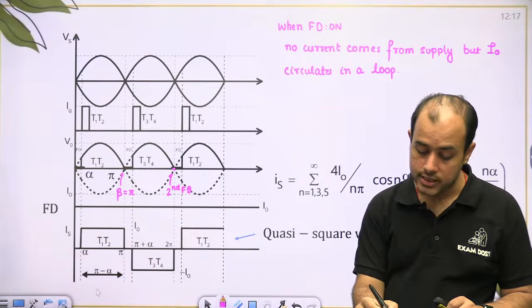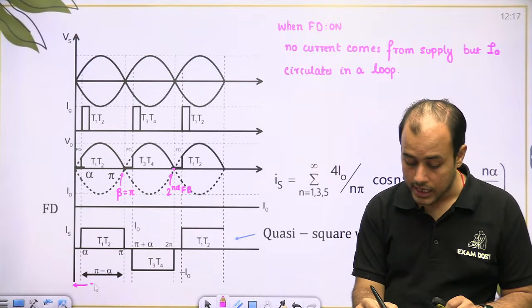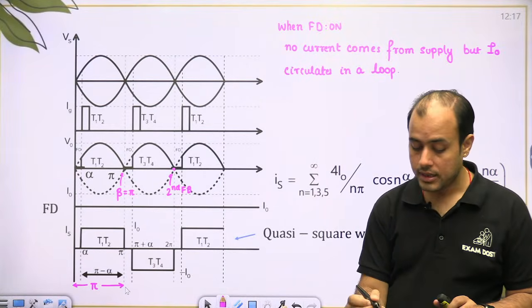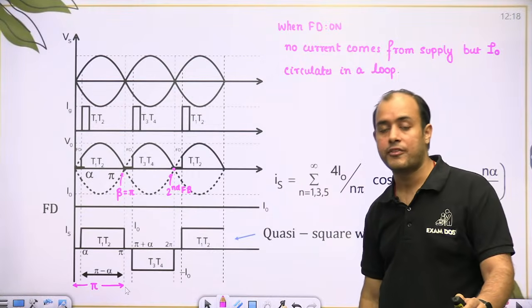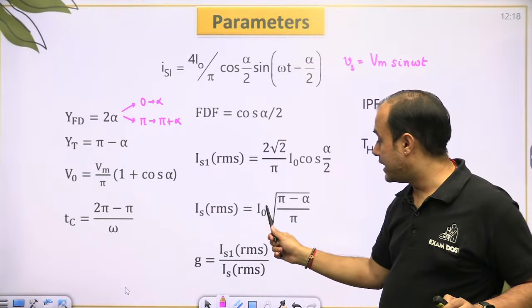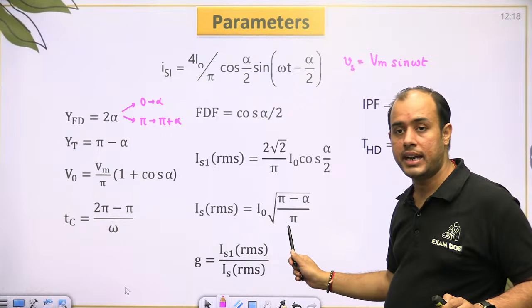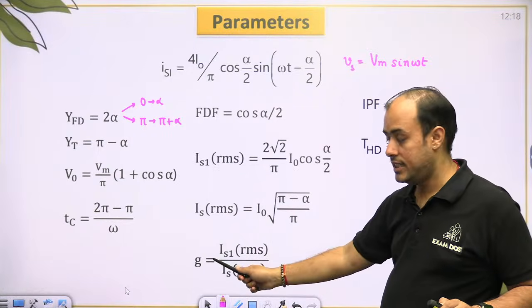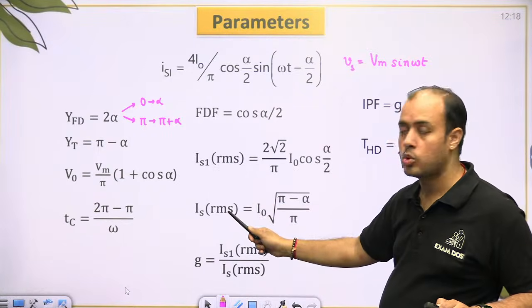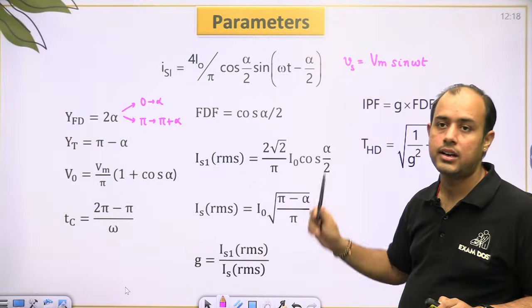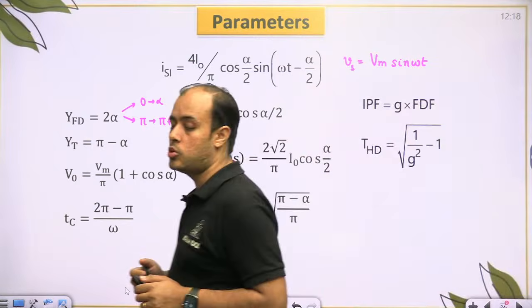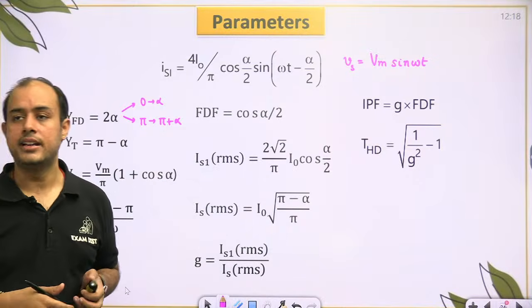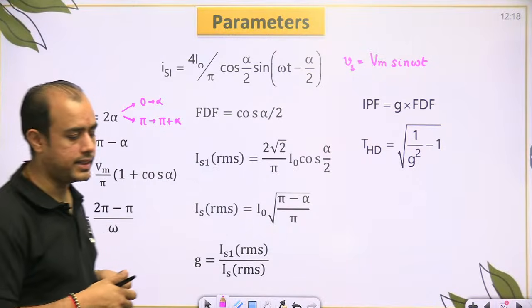So the duration is pi minus alpha in a half cycle of pi. So how to scale the RMS of a flat graph? I naught under root duration by period. Now G, fundamental RMS by total RMS, it will depend on alpha. Input power factor G into FDF, THD under root 1 by G square minus 1.